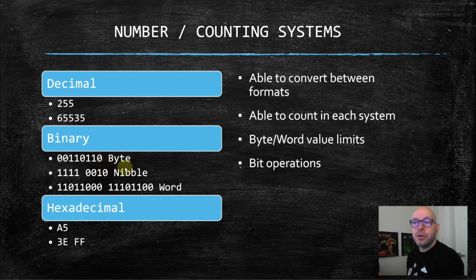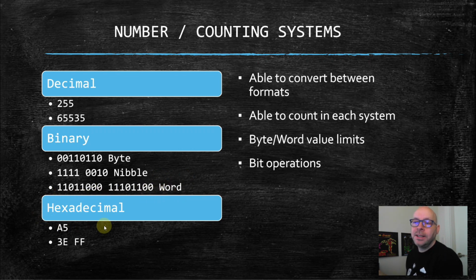And that byte can be further broken down into nibbles, which are groupings of 4 bits. And each grouping of 4 bits, which is called a nibble, is also going to be useful when we take a look at our hexadecimal counting system in a moment. And then finally down here we have 2 groupings of 8 bits, which is 2 bytes, which is called a word. And that allows us to use larger values when we're counting.